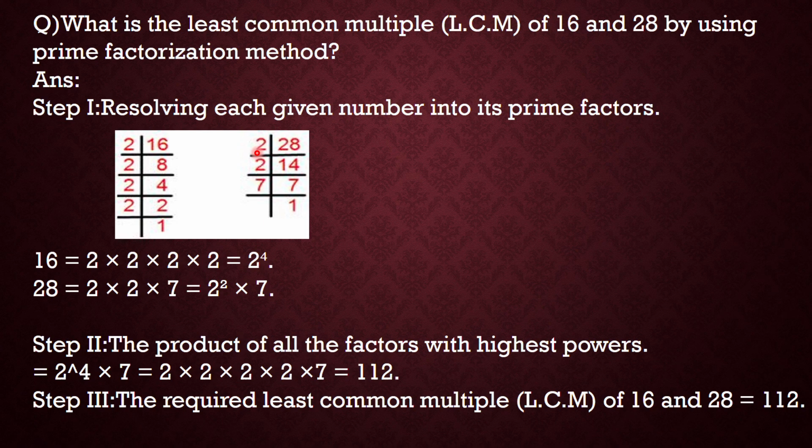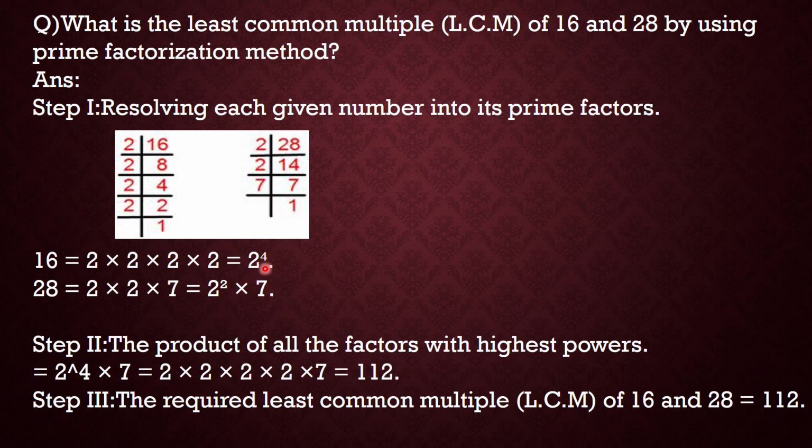Next, for 16 we have 2 into 2 into 2 into 2. So 2 is repeating 4 times, so I will write 2 to the power 4. In the same way, the factors of 28 are 2 into 2 into 7. Here 2 is repeated 2 times, so we write 2 square into 7.